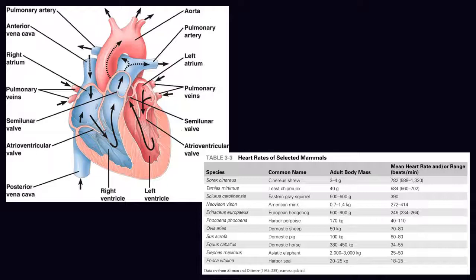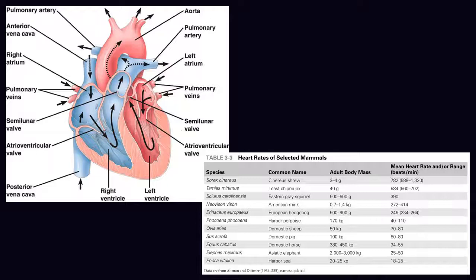Now, even though all mammals have a very similar heart, right ventricle, right atrium, left atrium, they don't all have the same rate, and this is something that probably makes a lot of sense. You wouldn't expect an elephant to have the same heart rate as a shrew or a rat. And you can see here at this table, a shrew heart beats an incredible amount of time, 782 beats a minute, and there's a huge range on that.